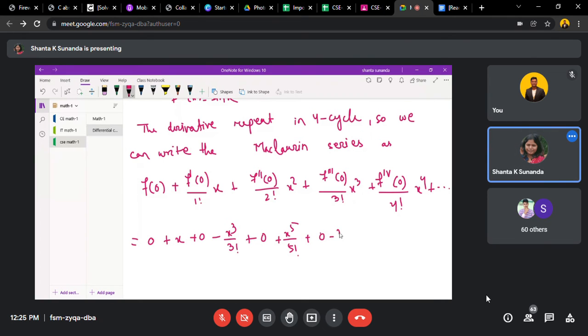So at 0 we are getting x minus x cubed by 3 factorial plus x to the power 5 by 5 factorial minus x to the power 7 by 7 factorial.